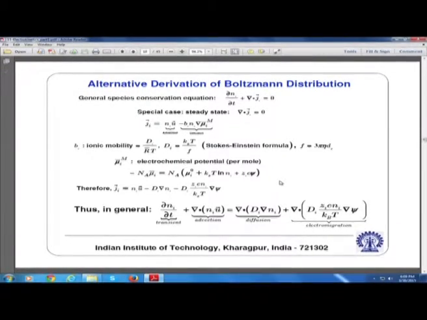So accordingly we have written Ji is equal to Ni U minus Bi Ni into grad of mu i.